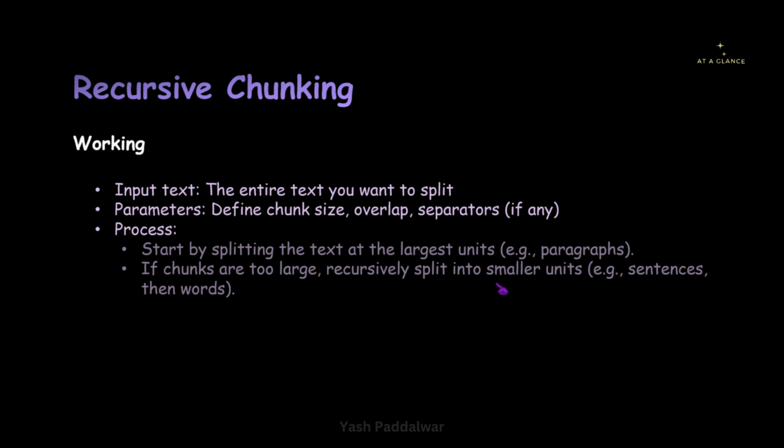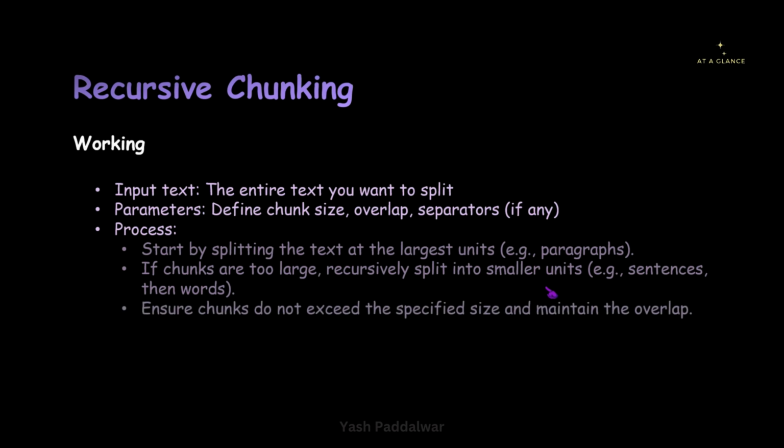This process will continue until it reaches a particular size which will match the chunk size. It may not match the exact size of the chunk size, but it will be approximately the same. It can be equal or lesser, but it won't exceed the specified chunk size. And of course, if the overlap is defined, it will maintain that too.